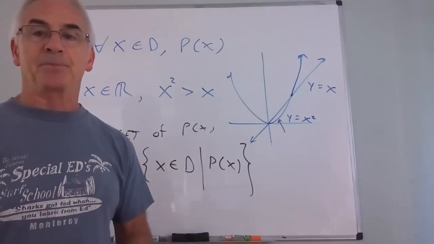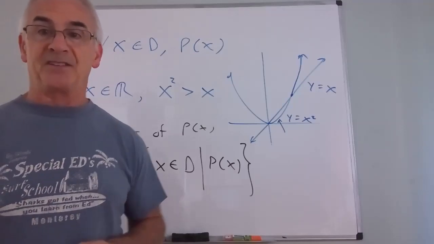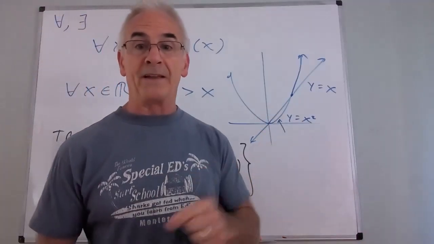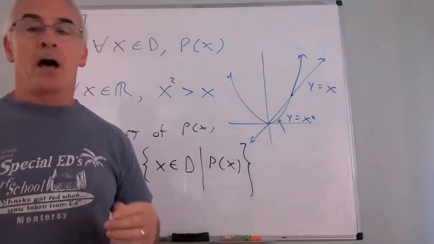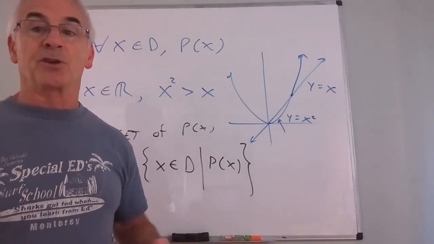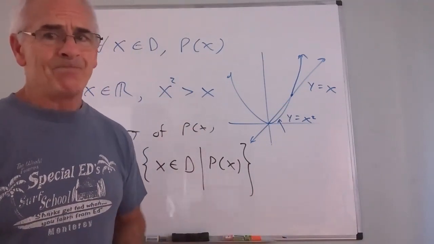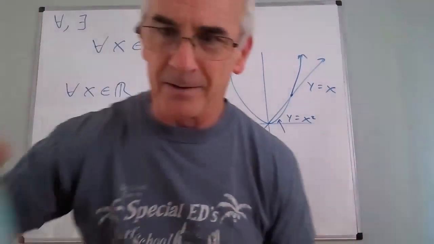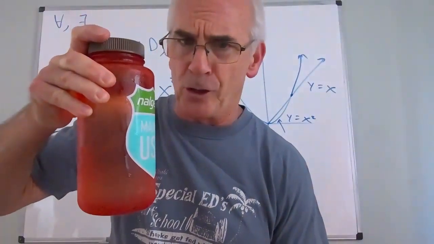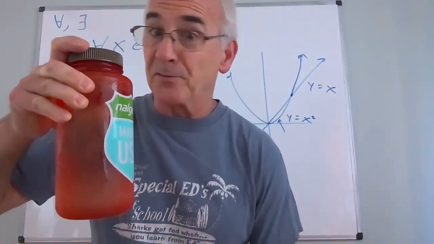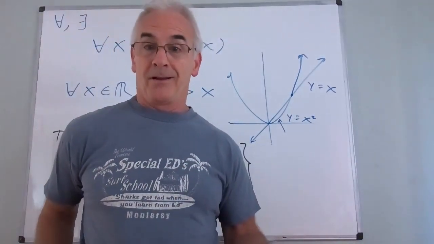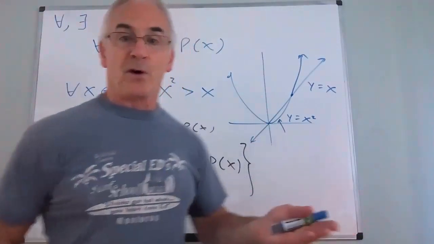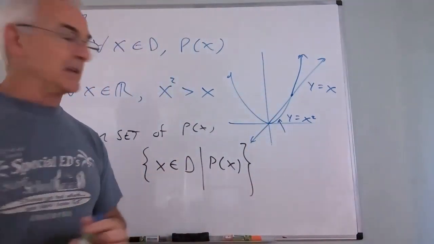If I make this absolute mathematical statement, it is either absolutely always true or it is not, and I only have to show it's false one time. A lot of people make the mistake of trying to show it's always false. That's like saying, again, my glass of water is either full or it is empty. No, it's either full or it's not full. It's either true or it's not true. Not true doesn't mean always false. It means you can find one occurrence.